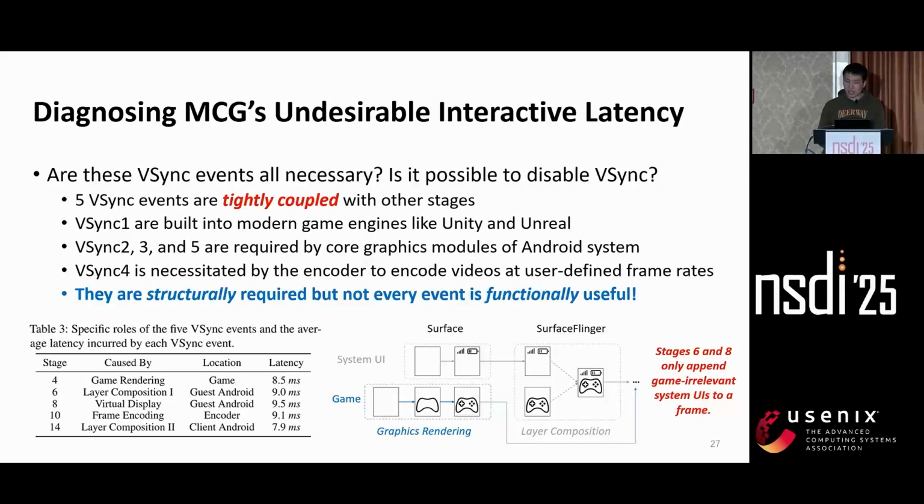Thus, these stages, along with their vsync events, are functionally unnecessary for MCG, as the game frames are ready to be displayed on the client after game rendering. This motivates our attempt to bypass some vsync events and decouple game rendering from the latency graphics pipeline, hoping to avoid or reduce the impact on the interactive latency.